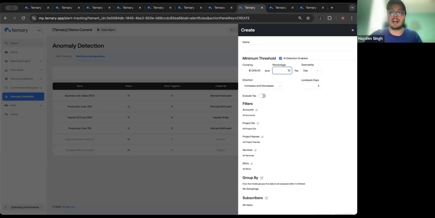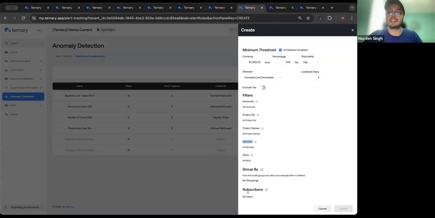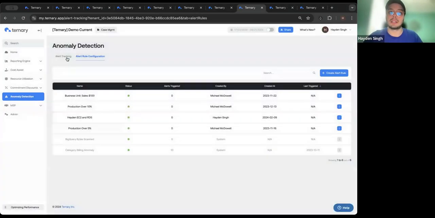I want to track that over time and say, hey, if we were to exceed 10% of $1,000 in that specific account or in that specific service, I want to be alerted, right? So I can subscribe to this here and be alerted as any of those changes happen, or if any anomalies shoot up, then I'll actually be alerted and I can go drill into it myself.